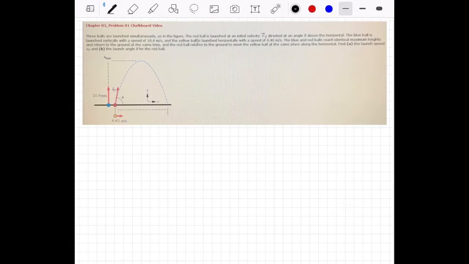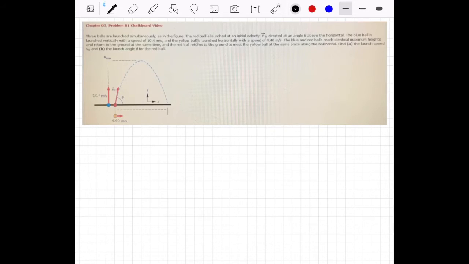The blue and red balls reach identical maximum heights and return to the ground at the same time, and the red ball returns to the ground to meet the yellow ball at the same place along the horizontal. Find A, the launch speed of the initial velocity, and B, the launch angle theta for the red ball.